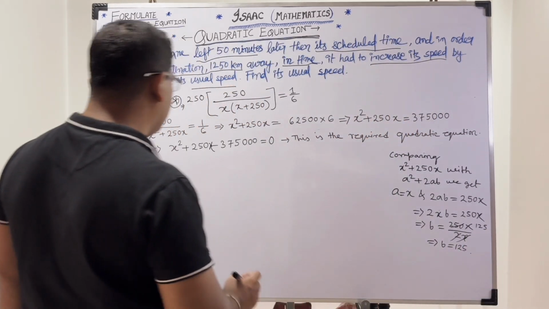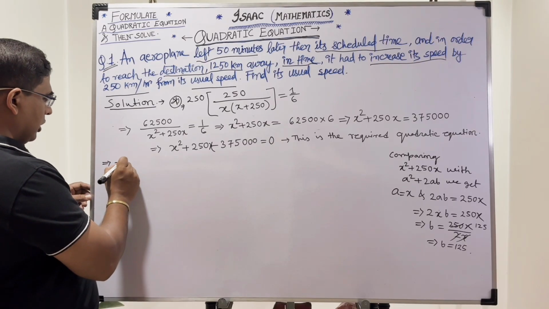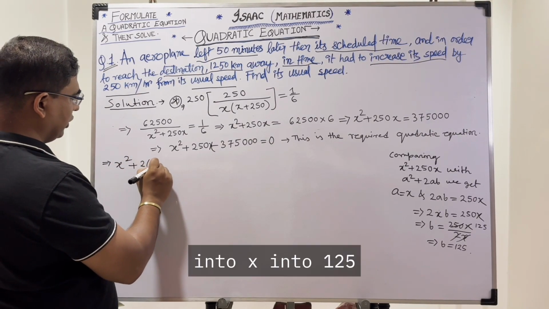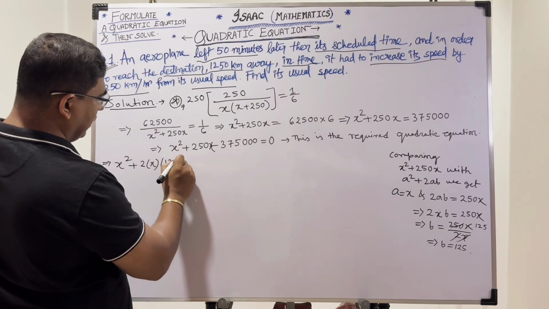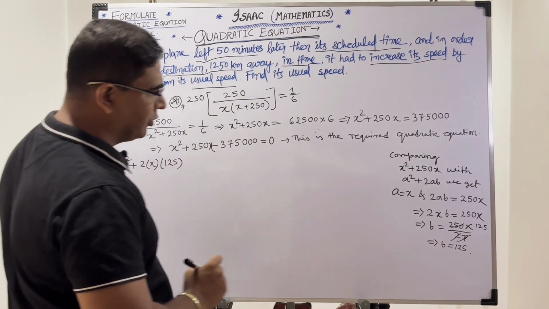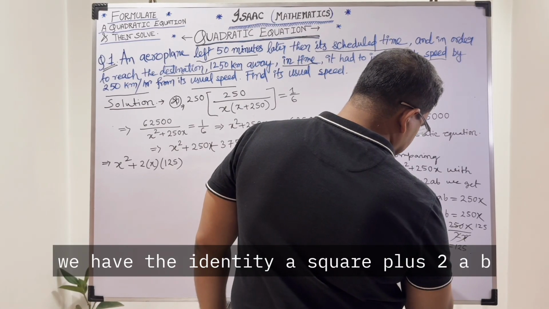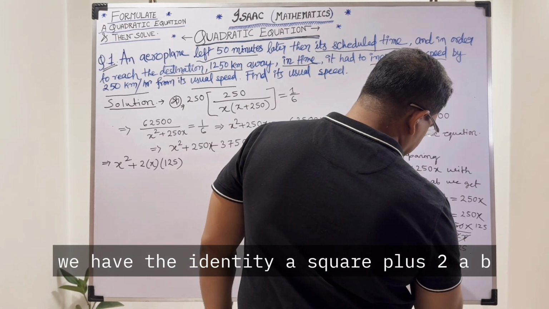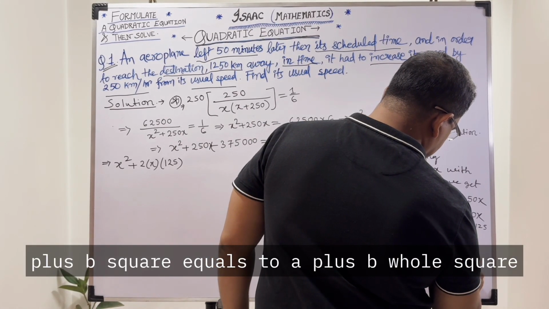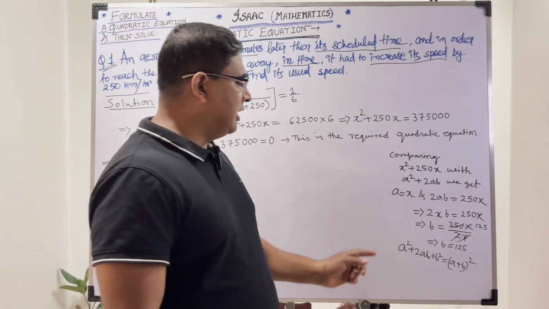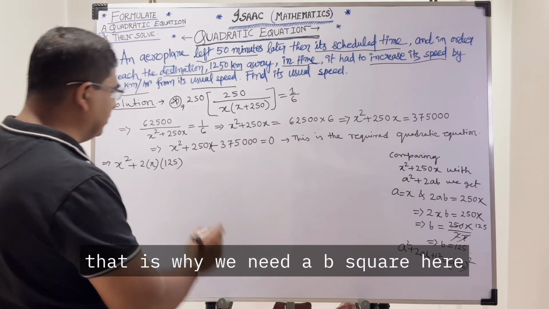Okay. So we have x square plus 2 into x into 125. Now we have the identity a square plus 2ab plus b square equals a plus b whole square. Already we know this identity. That is why we need a b square here.